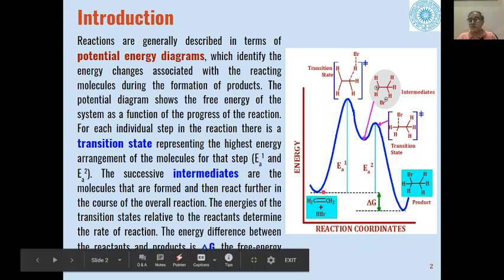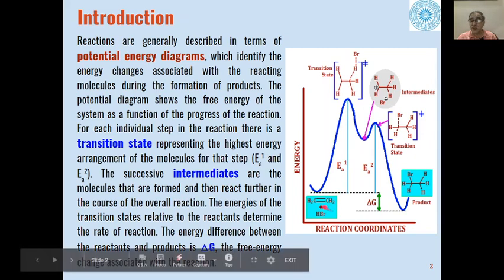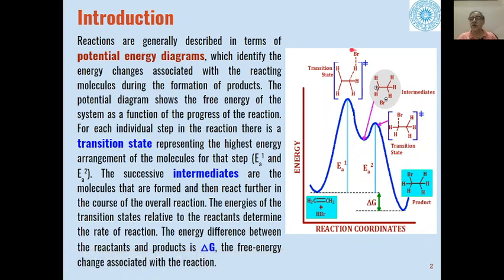If you see this reaction, when ethene reacts with HBr, we know in the first transition state, when they come closer to each other, the energy will be highest, and when these two molecules acquire this much amount of energy, that is the energy of activation for the first step, then we will have this type of arrangement where the HBr molecule starts getting attached to the carbon-carbon double bond to have this type of transition state.